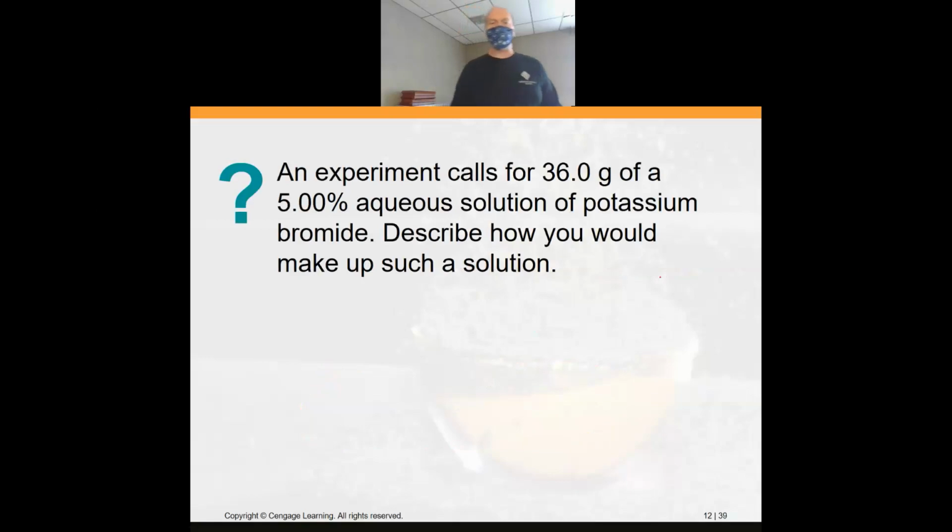If we had an experiment and we need 36 grams of 5% potassium bromide, how would we make up this solution? Anytime I have a percent, just like when we did limiting reagent, I assume you have 100 grams of solution, because solution is total.